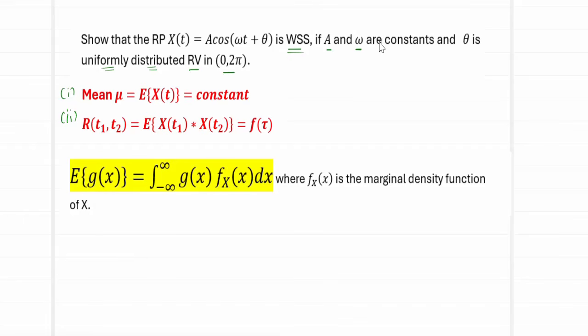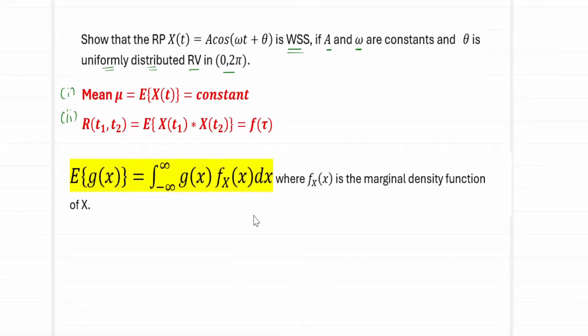Whenever the random variable follows any particular theoretical distribution, the expected value of g(x) is the integral from minus infinity to infinity of g(x) times f_X(x) dx. g(x) is the input which we have given for our expectation.